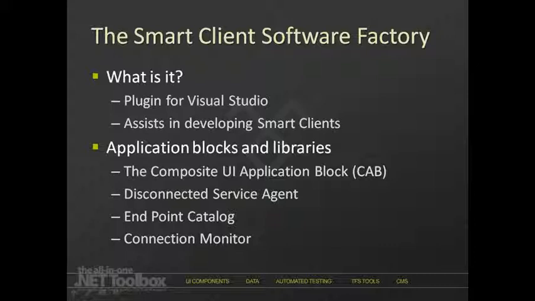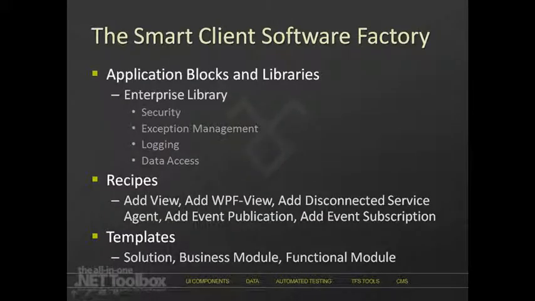What's included with it? Well, several application blocks and libraries. It includes the Composite UI Application Block, which we'll be going over pretty soon. It also includes a disconnected service agent, an endpoint catalog, connection monitor, and it also includes the Enterprise Library developed by the Patterns and Practices team at Microsoft, and this allows support for security, exception management, logging, and data access.